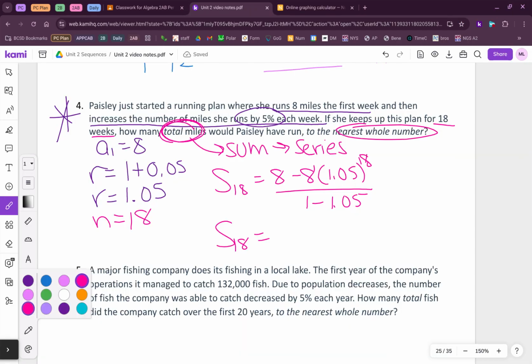All right, and I get 225.05, so if we round that, 225 miles.